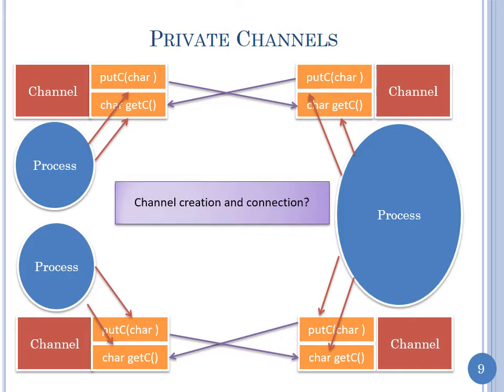Then the complication is, how do we dynamically create channels? And the next question is, how do channel objects get connected to each other? We do need to have channels connected to each other, and if we want to allow a process to talk to multiple processes, we also need dynamic channel creation.